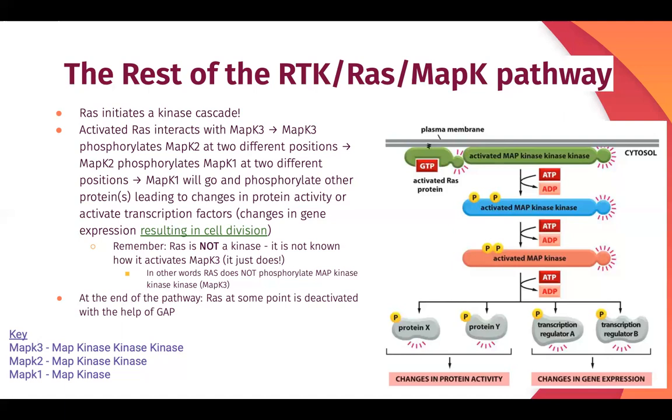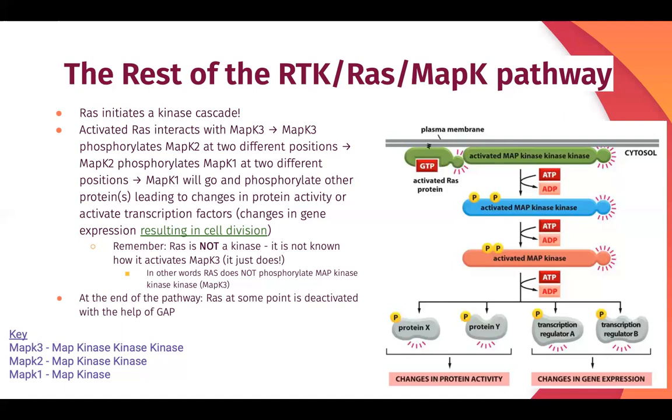But assuming we're looking at the pathway independently, if we never activate RAS with GTP, then we will never have the change in protein activity or gene expression. Does that make sense? It's not a never, because in reality the cell can compensate sometimes, but in theory, yes. I don't want to confuse you.